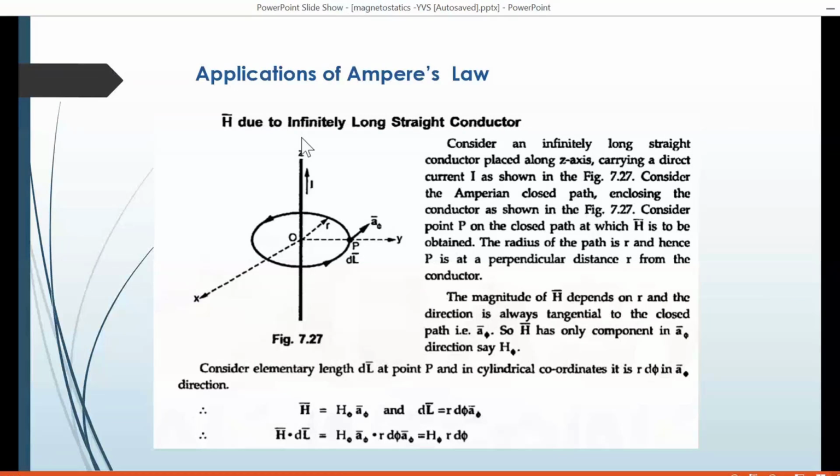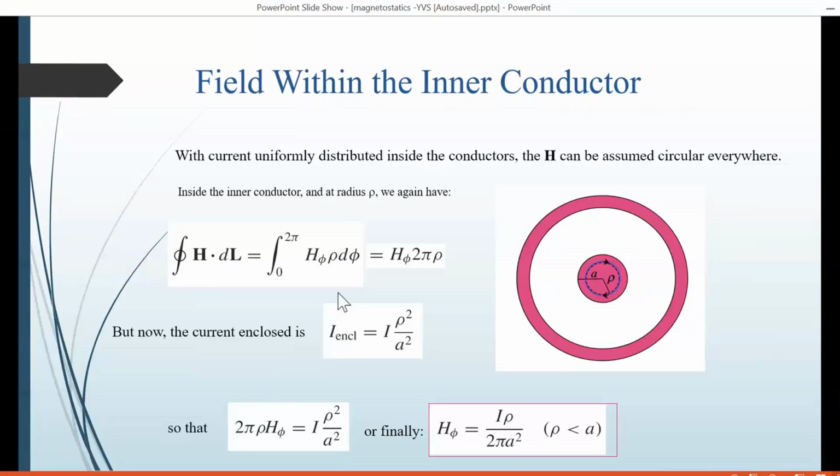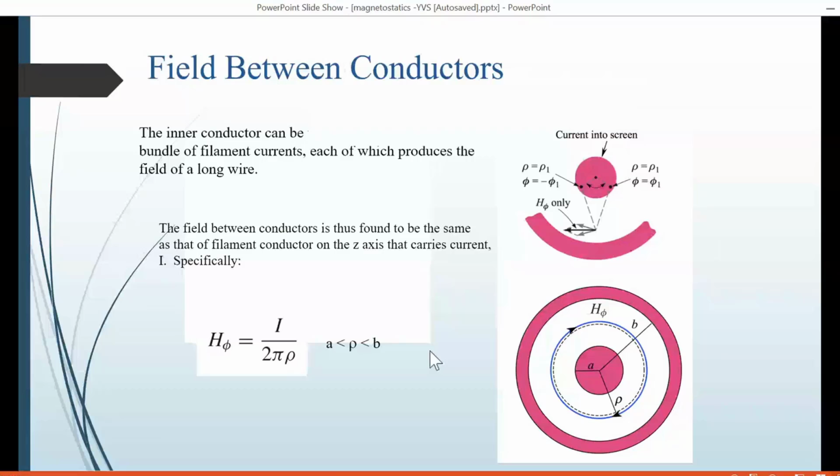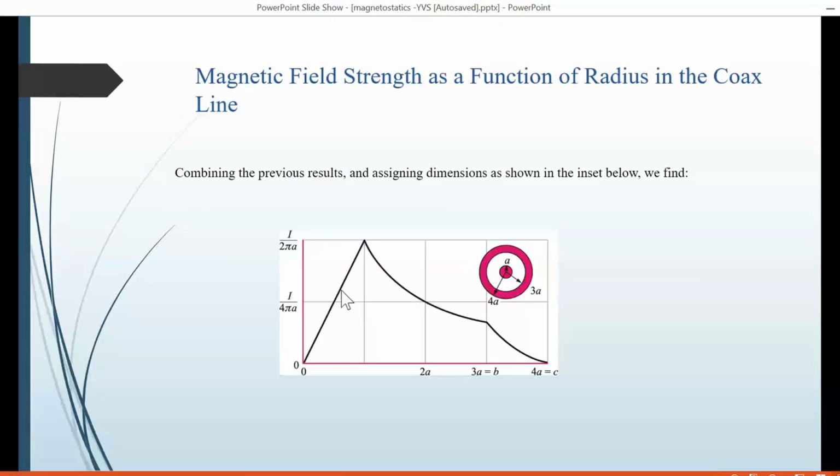Application of Ampere's law to find H due to a straight line conductor, and for other applications we have to just remember the final equation for the intensity H. There may be examples based on this. So this is the application of Ampere's law.